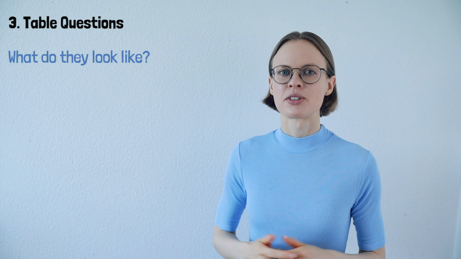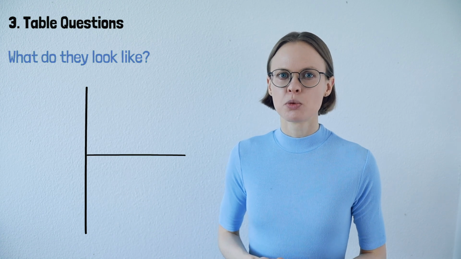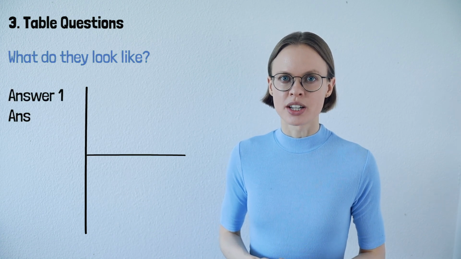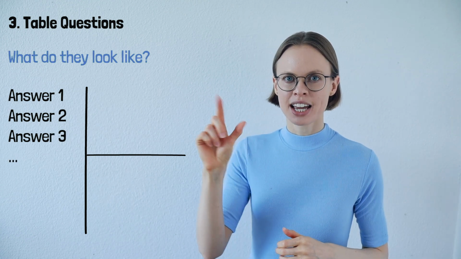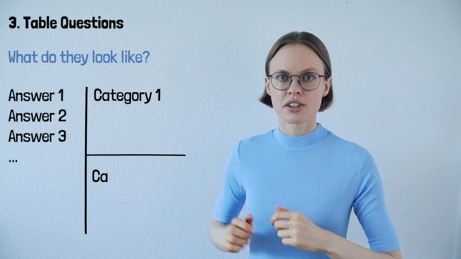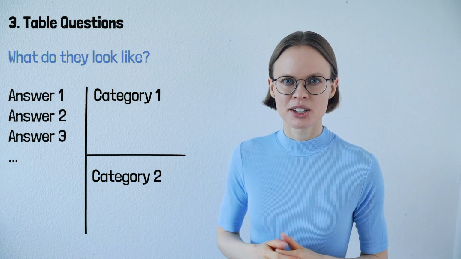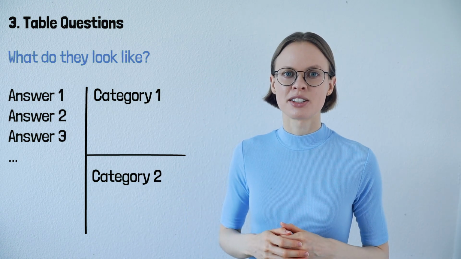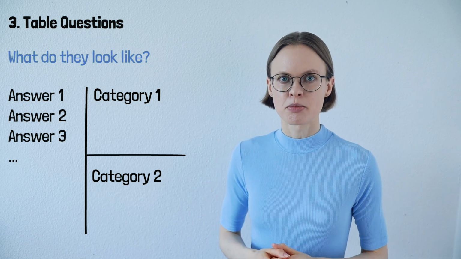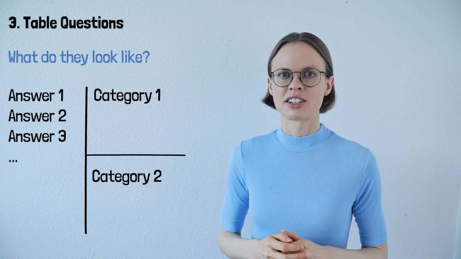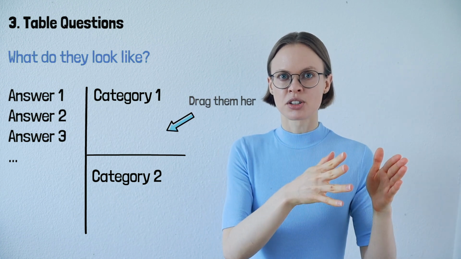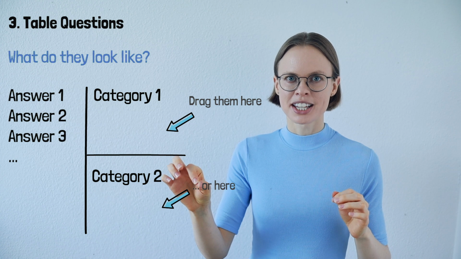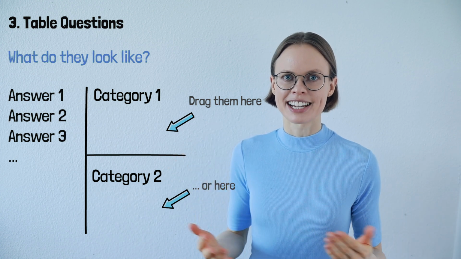If you have to answer a table question, you will see a list of answer choices on one side, and you will see 2 categories on the other side. And what you need to do is, you are asked to categorize information from the passage. This means that you must drag some of the answer choices with your mouse into the correct category.